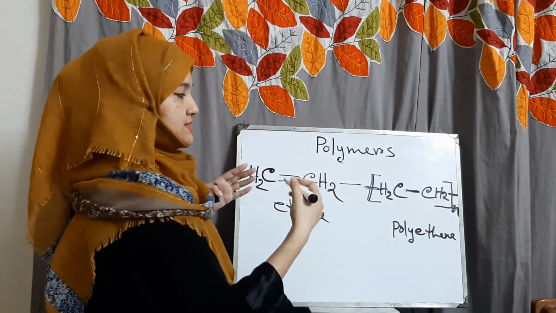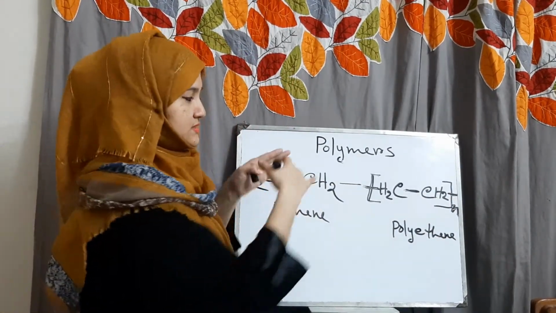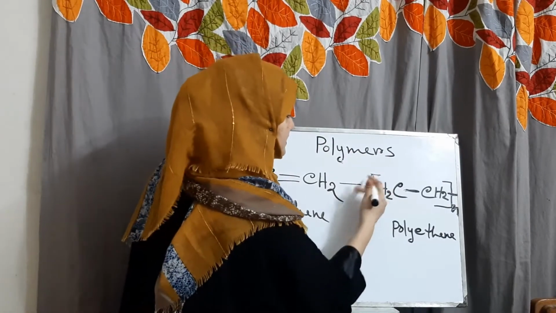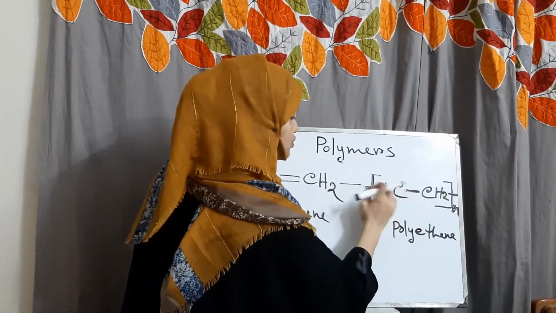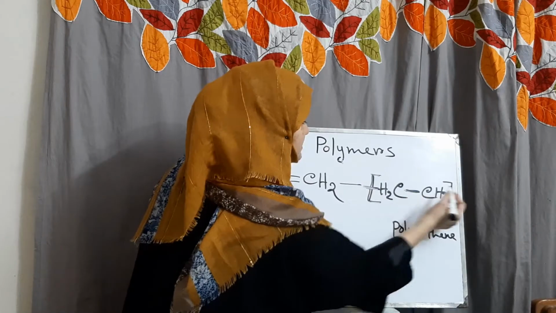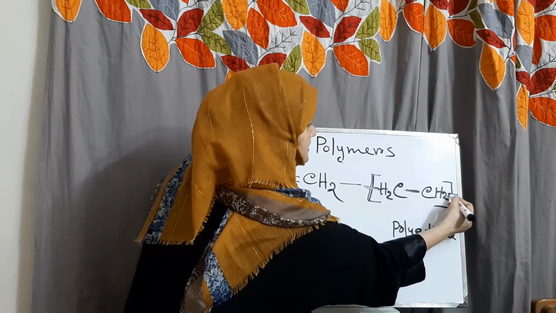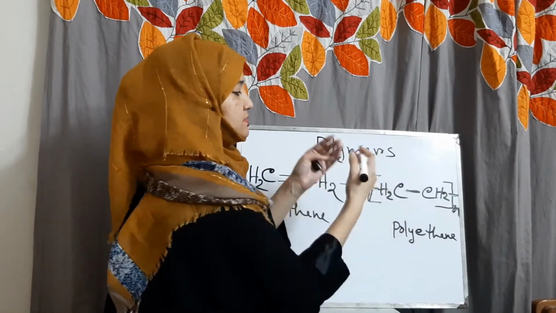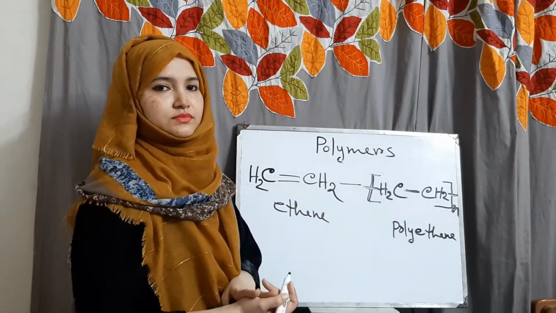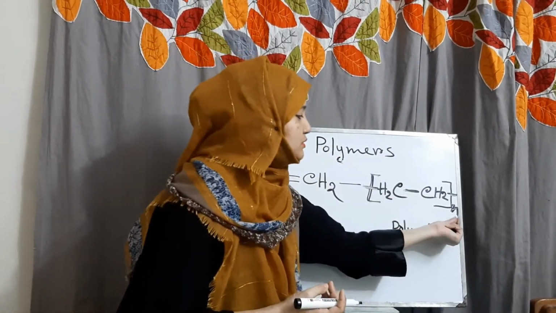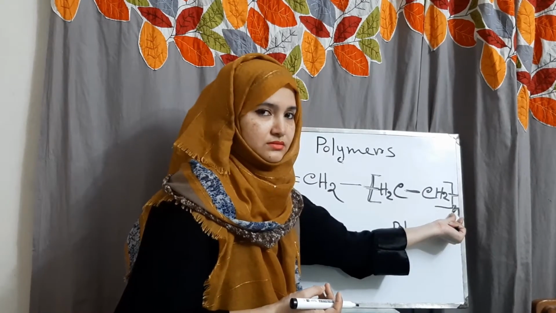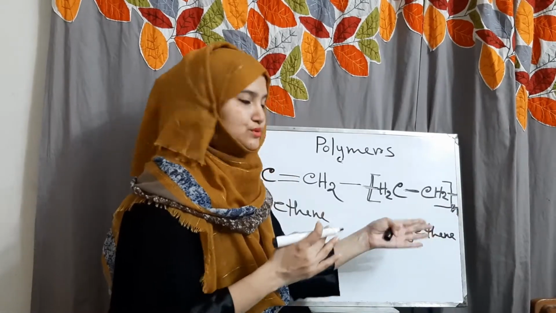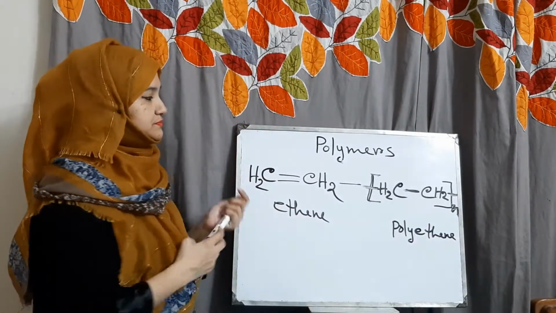And this n means this unit, mainly these two ends going outside from the inside, means this unit repeats lots of times, and these lots of times will be mentioned here as n. Okay, and we have to know it can be varied.